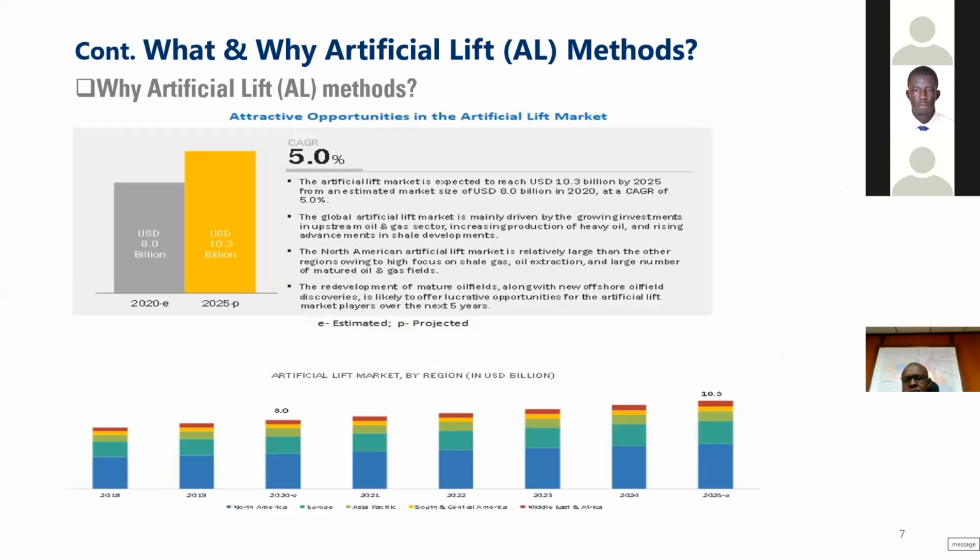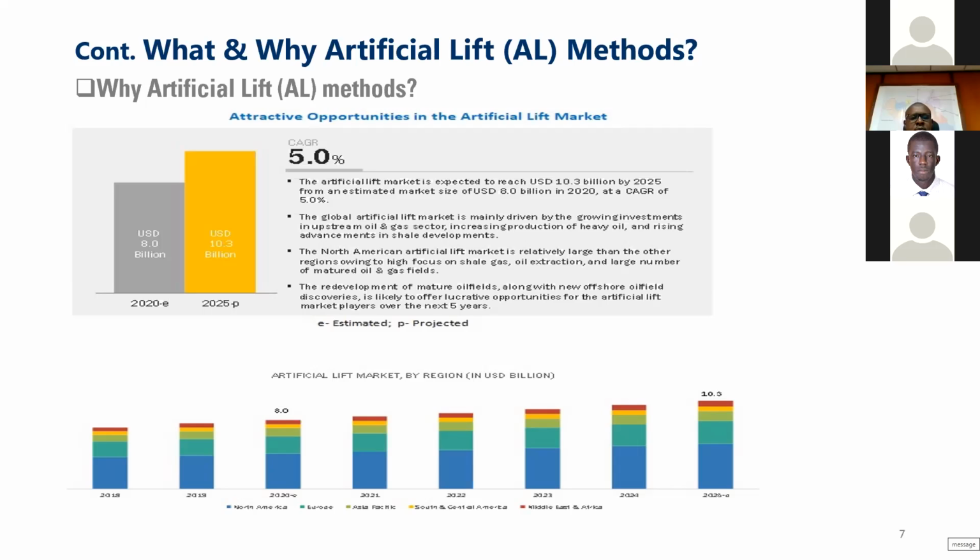Continuing to the projection, I just put together some figures from global platforms. Here it shows us that the artificial lift market is projected to be 8.0 billion by 2020, and in 5 years' time, it's projected to be 10.3 billion.